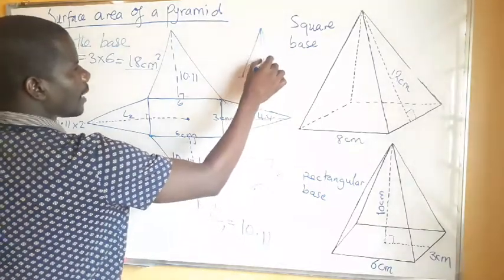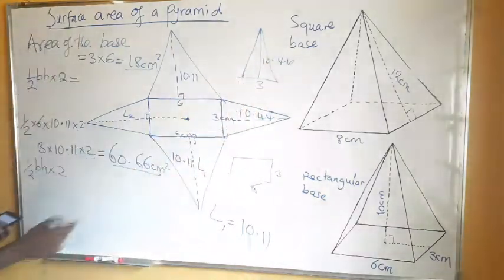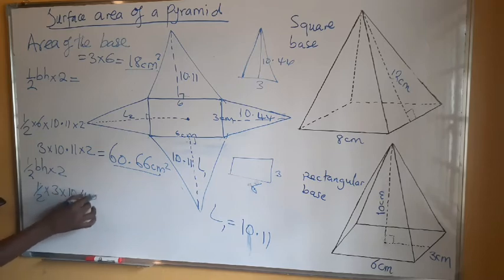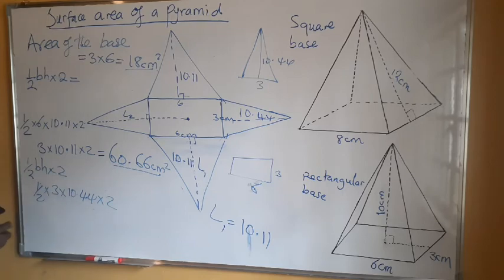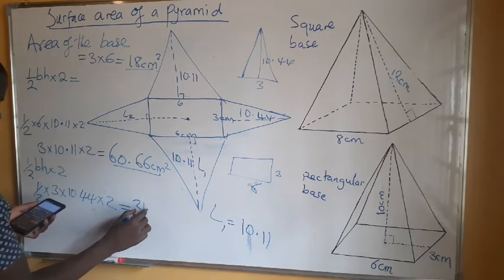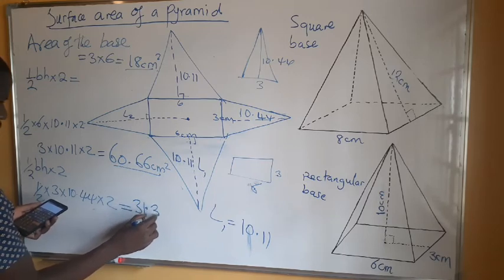Then we have 10.44. Don't make a mistake. So the base that we're going to use is what? So we have 1 over 2 multiplied by, our base is 3, multiplied by 10.44 multiplied by 2. Okay? So we also multiply this one, which is as good as 3 multiplied by 10.44. This is going to give me what? 31.32.